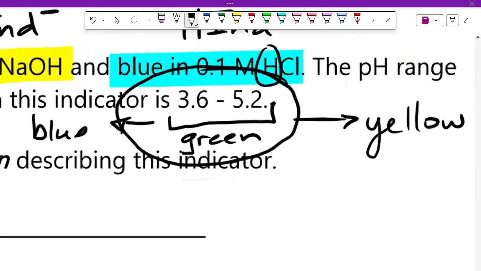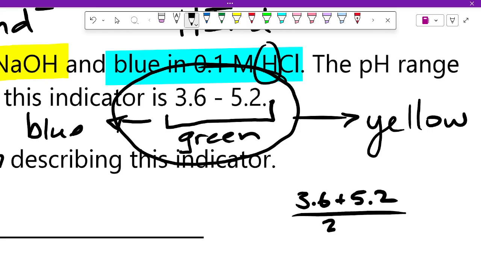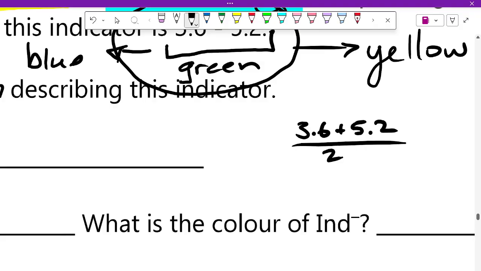And halfway through this transition zone, we would take 3.6 plus 5.2, and we would divide by 2, and we get 4.4. Okay. So if we are above 4.4, then we are primarily Ind minus.